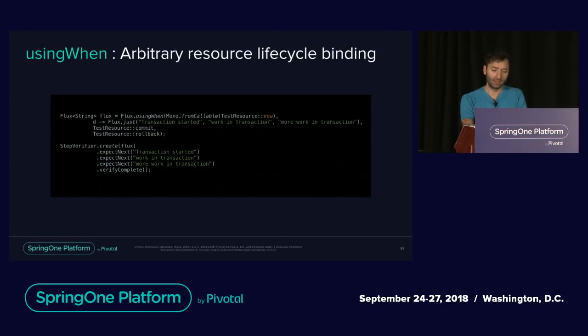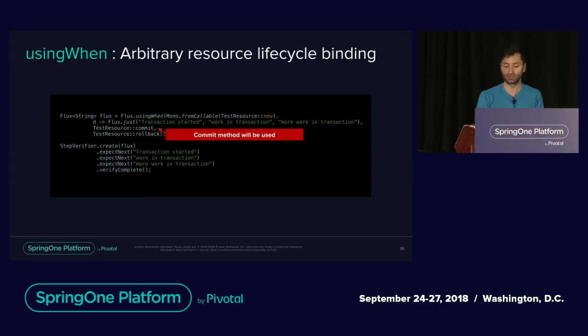And in the latest edition, we also have usingWhen, which you might see demonstrated tomorrow in the Spring Data sessions. With usingWhen, basically, we can have full control of the lifecycle of a resource, and obviously that's very useful for transactions. It's a new operation we have introduced to Flux. It's basically giving you a callback for everything when you start a sequence, when you stop a sequence.